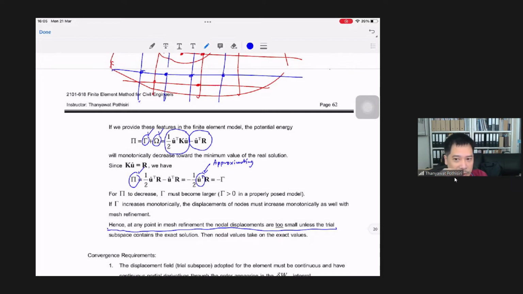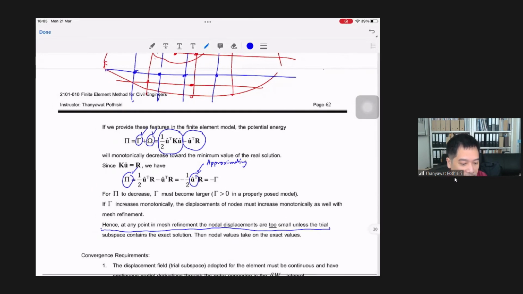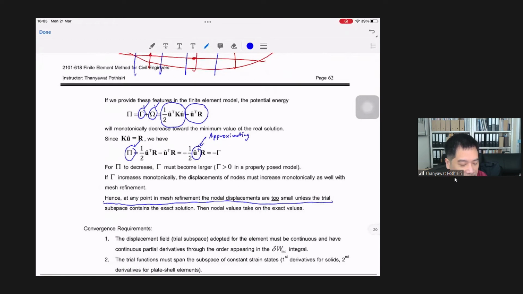So you would like to increase your nodal displacements by making your finite element model less stiff. This observation comes from looking at the energy term.